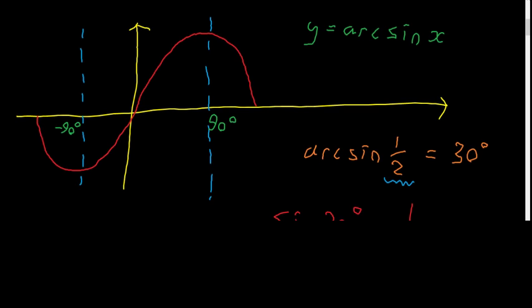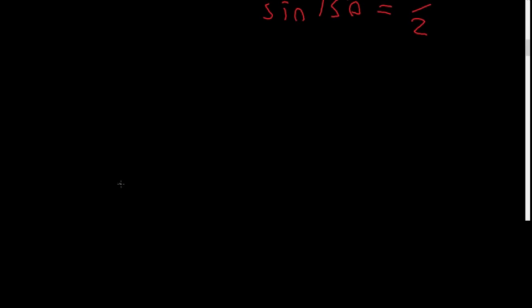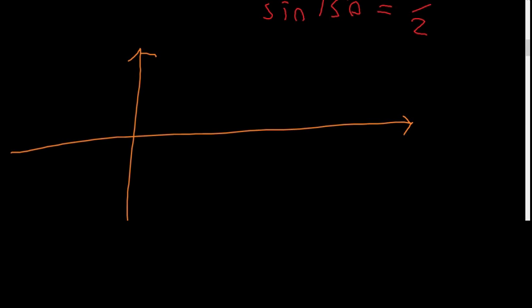Now we could probably draw a sketch of it, and a trick to sketch an inverse function is literally just to pick the line y equals x and reflect your function in that, right? So we know it's going to look a bit like this, but let's set up the axes properly. Would I suggest remembering this function, or re-deriving it from first principles? It's tricky to say. It's up to you.